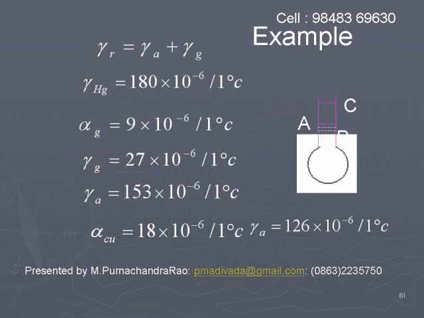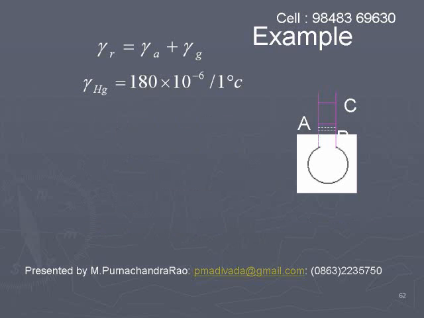Let us take an example. Suppose we take mercury and it is heated in a glass vessel, then let us find its real expansion and apparent expansion. We notice that the coefficient of real expansion of mercury is 180 into 10 to the power of minus 6 per degree centigrade. The coefficient of cubical expansion of the container will be obtained from the coefficient of linear expansion.